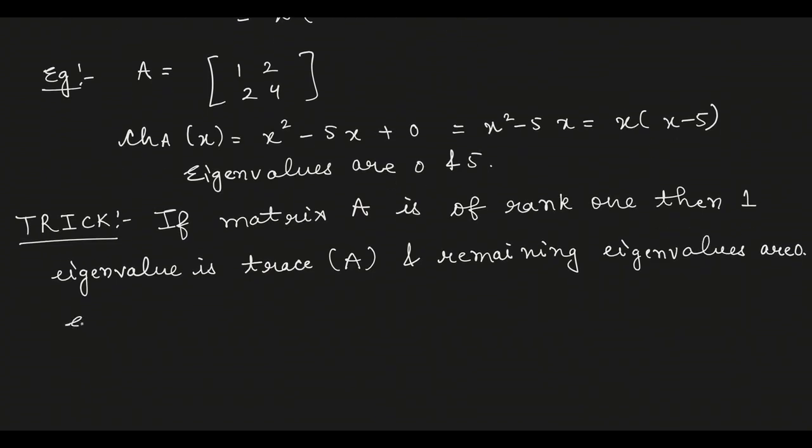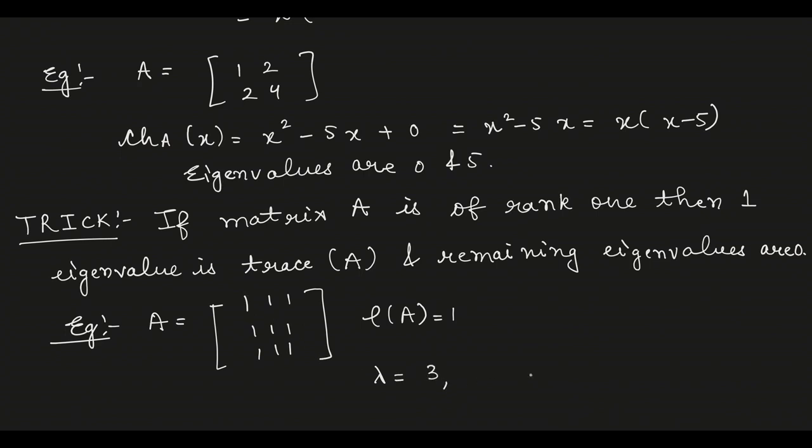For example, the first matrix which I took was this. This is a rank 1 matrix, right? Number of non-zero rows is only 1. Rank of A is 1. So eigenvalues will be the trace of A, which means 3, and the rest will be 0. It is a 3 cross 3 order matrix, so there will be 3 eigenvalues.